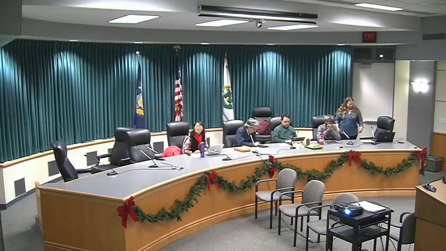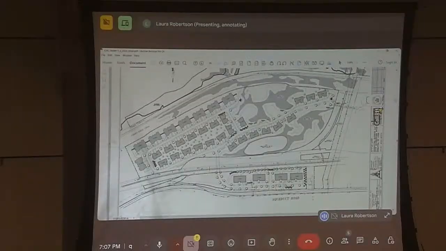So, the proposed property is right by River's Ledge, which was developed several years ago. So it is to the west of the property. I believe it's about 47 acres, and it's on the river itself.